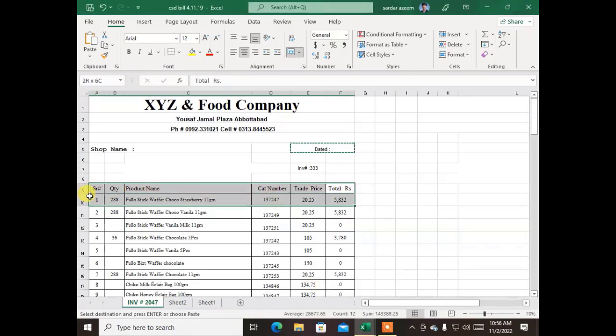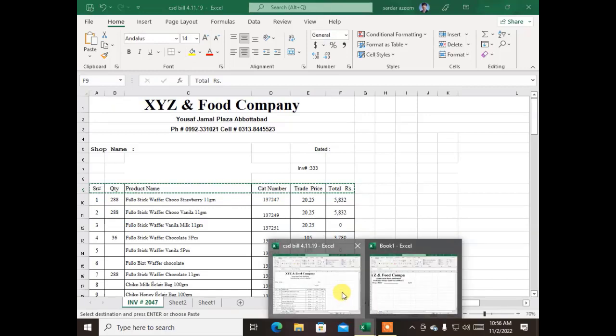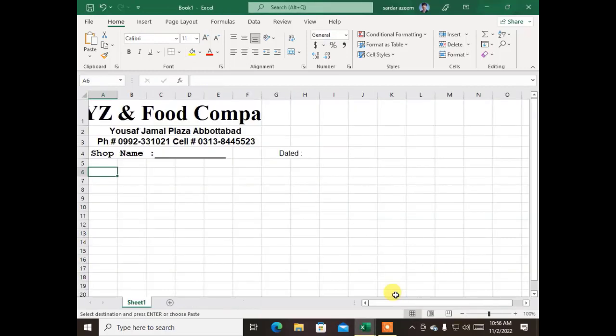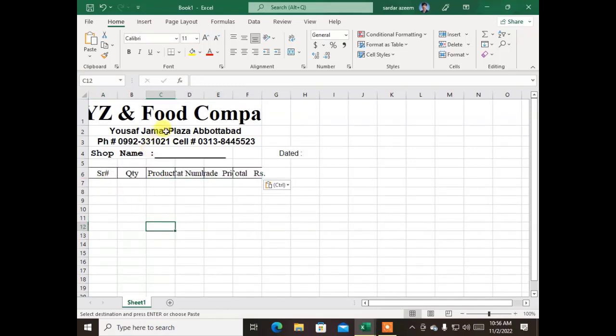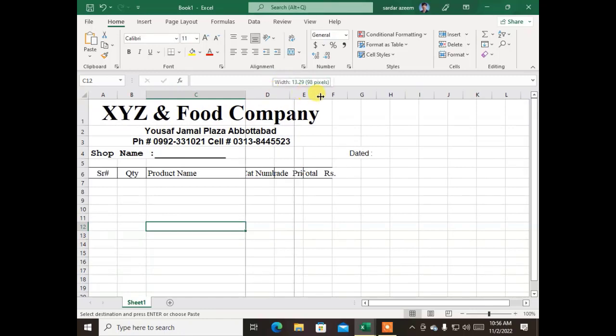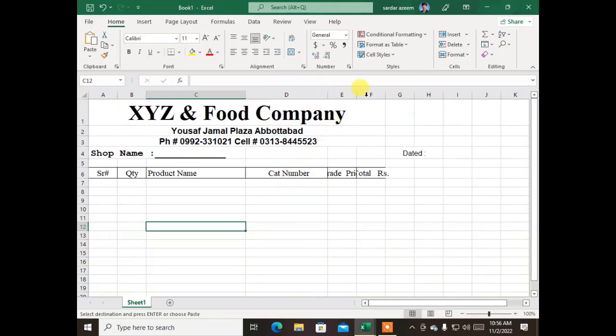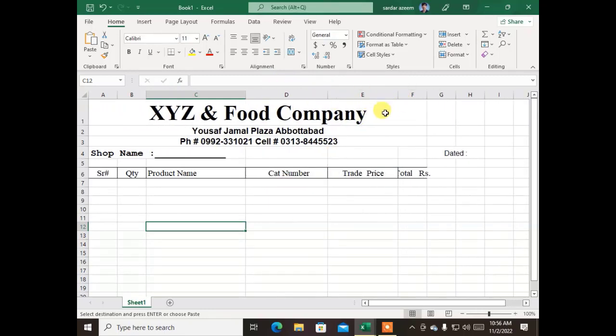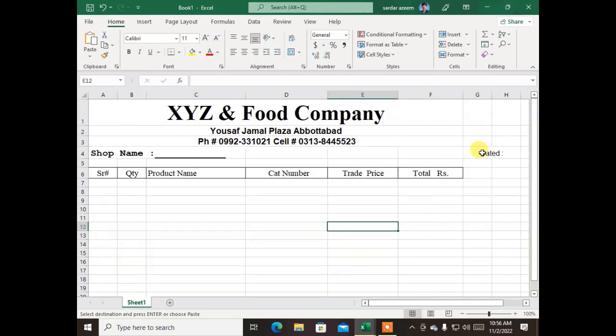These are serial number, quantity, product name, category number, trade price, and total price.